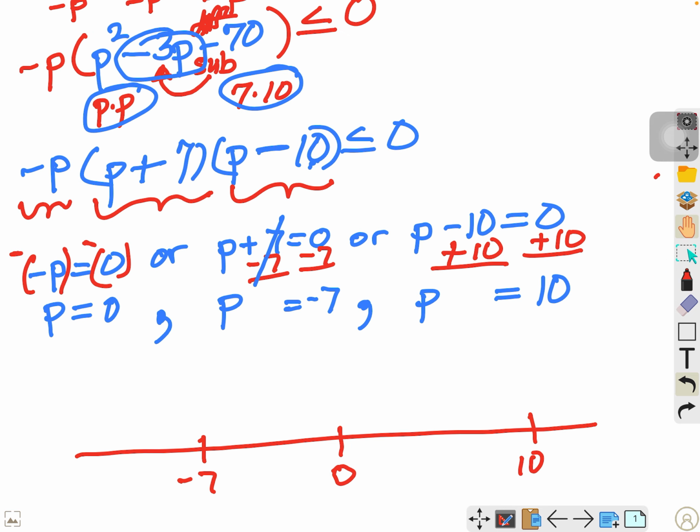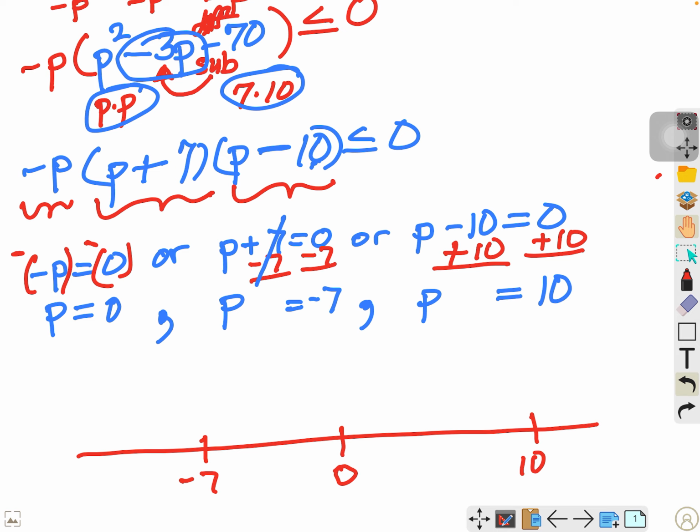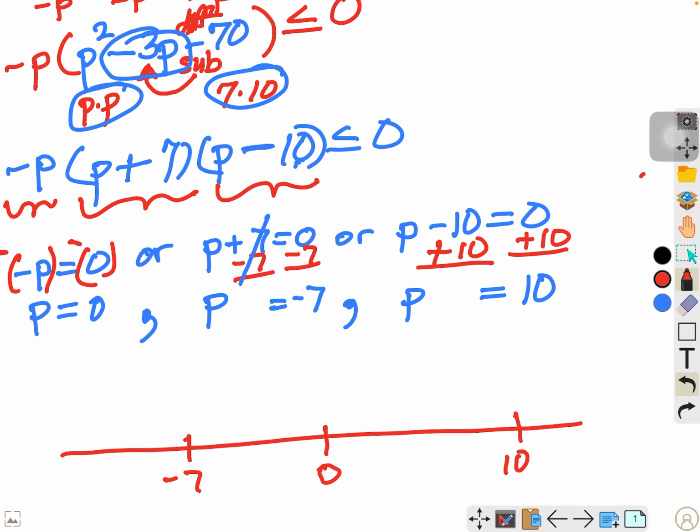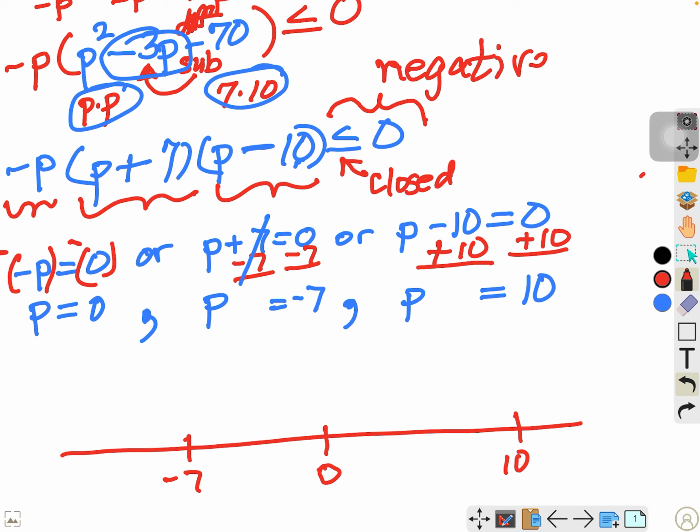So the fact that the equal to is present means we're going to have a closed interval. And when something is less than 0, that quantity is negative. Okay, so let's deal with the closed endpoints.